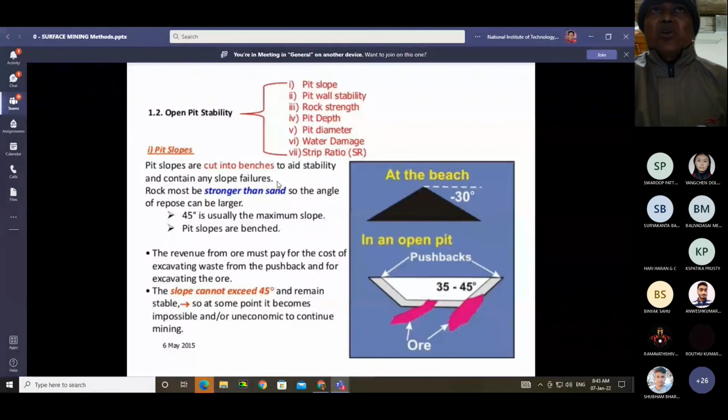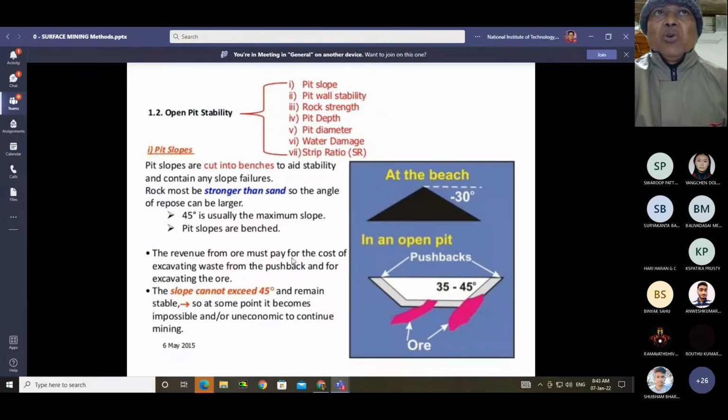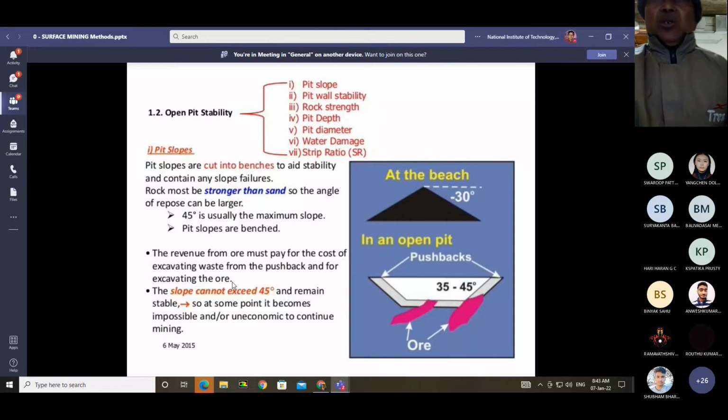Rock must be stronger than sand, so the angle of repose can be larger. 45° is usually the maximum slope, and pit slopes are benched accordingly. The revenue from ore must pay for the cost of excavating the waste materials from the pushbacks and for excavating the ore. The slope cannot exceed 45°.